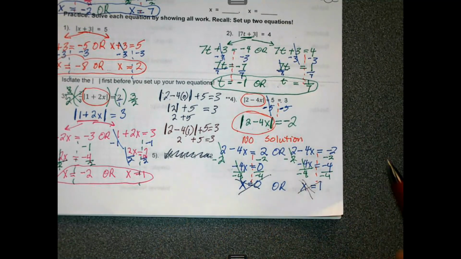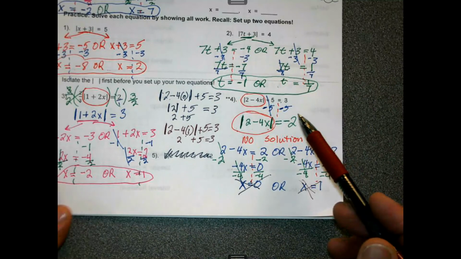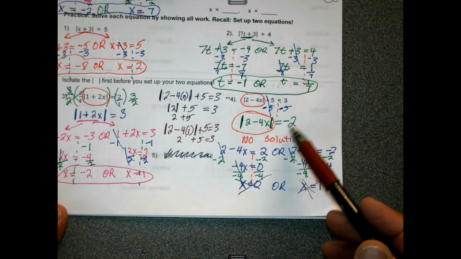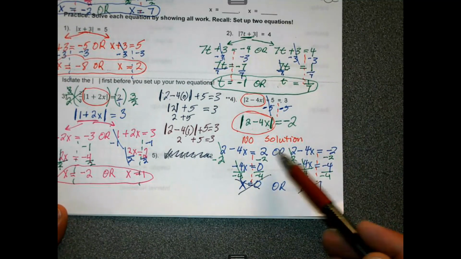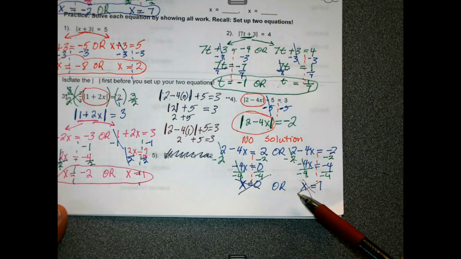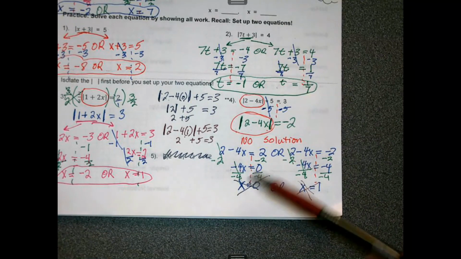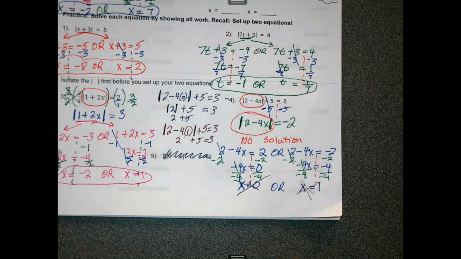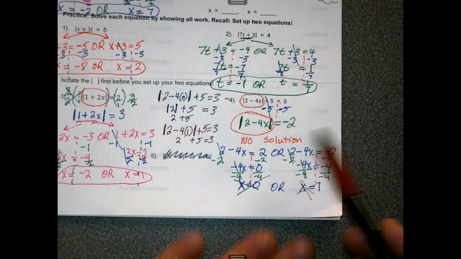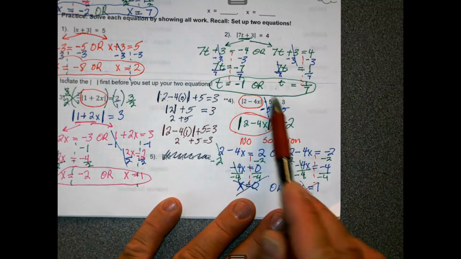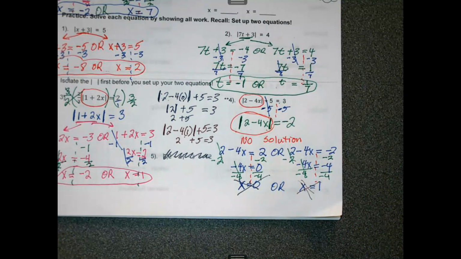So if you went ahead and didn't realize this, solved all this and did all this work, there's no way to tell that there's no solution to this, is there? Unless you really think about this. In fact, you could actually think about the original problem here.